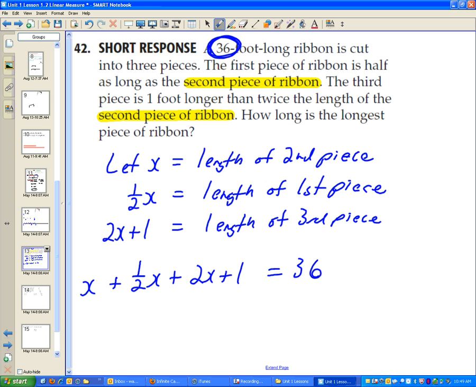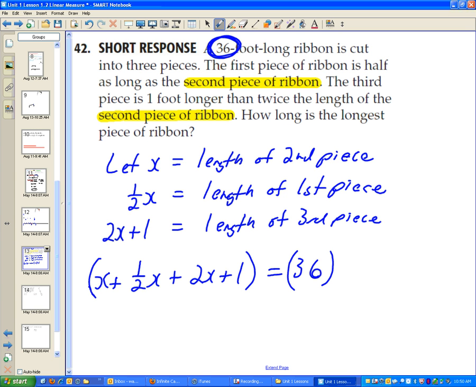It's been my experience that most students do not like to work with fractions if it's avoidable. So I'm going to show you how to get rid of them here. Let me scooch this over a little bit. And you can do a decimal, okay? But I can get rid of the fractions and decimals by doing something here.